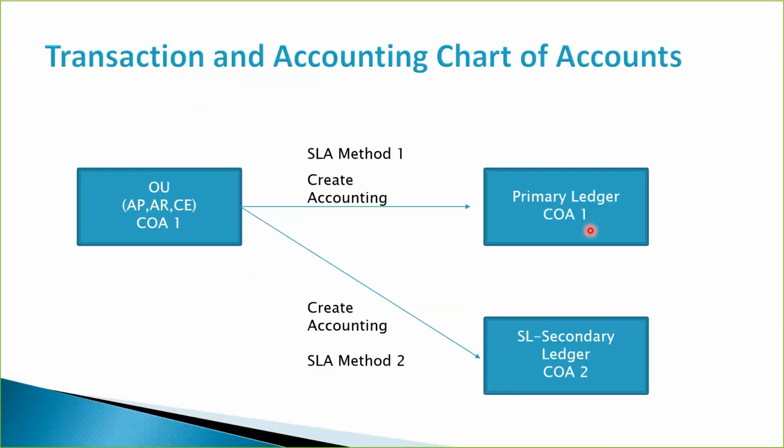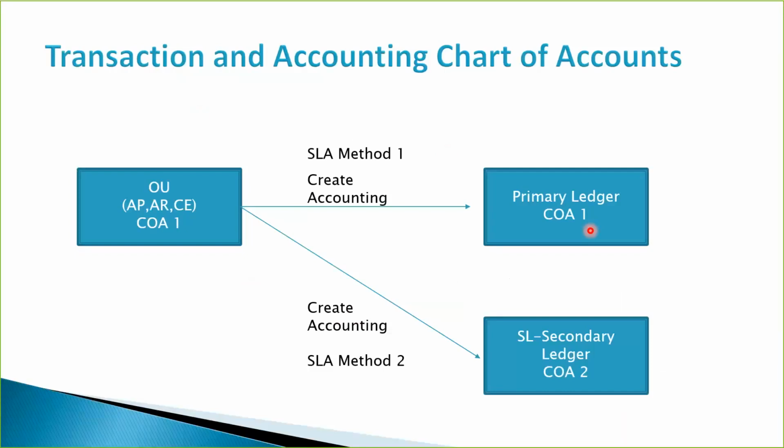Now, in your subledger modules, when you're entering transactions, in the places where you have to enter accounts, the chart of accounts that you see there is the one that is associated with your primary ledger, correct?